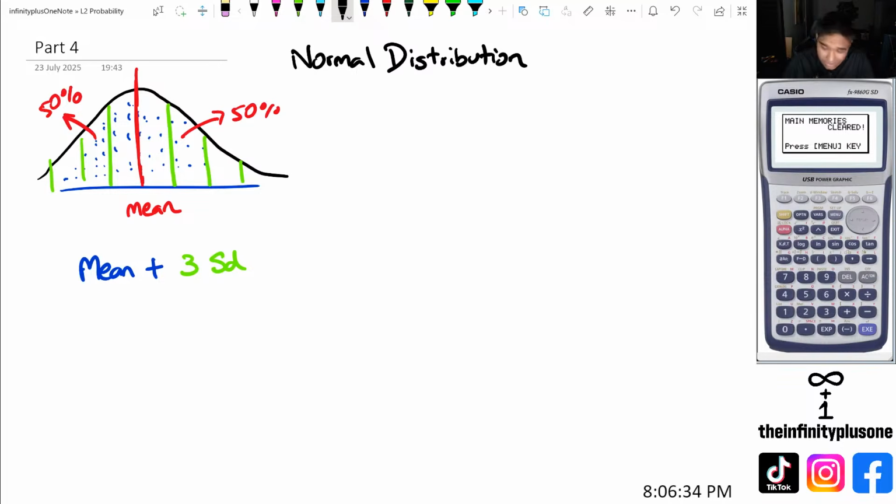I could be wrong. Someone can correct me. I'm sure it's 99%. 99% of your data is within 3 standard deviations. I'm just going to highlight this in a different color. So that's 99% between whatever these 3 standard deviation values are.